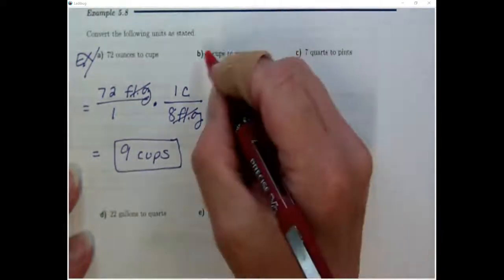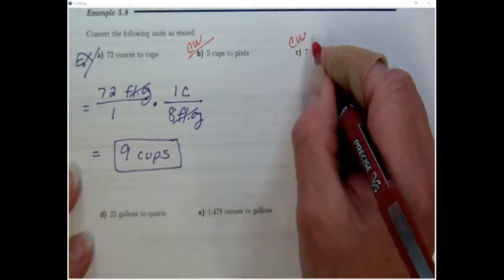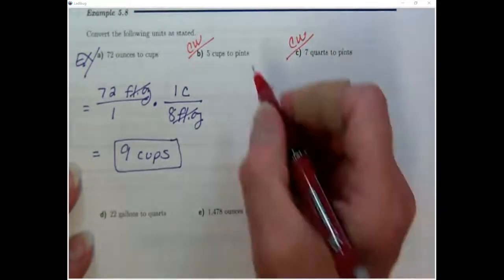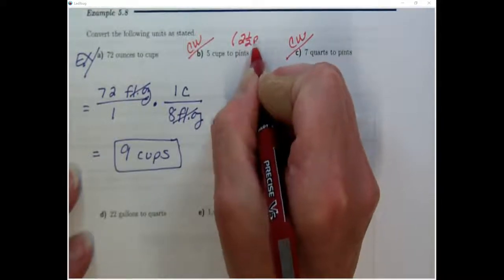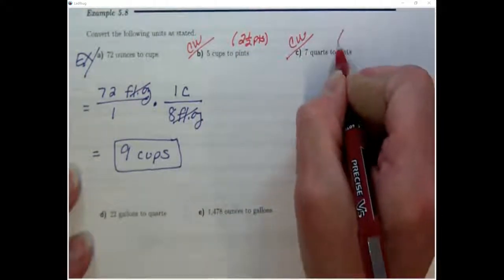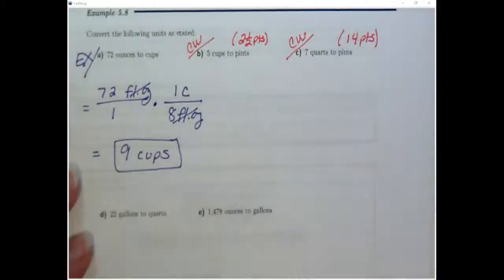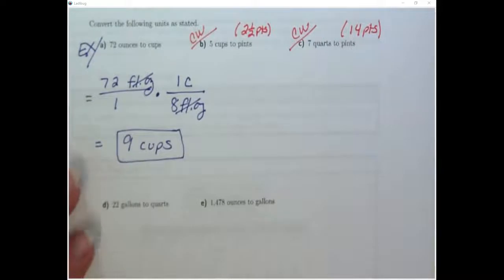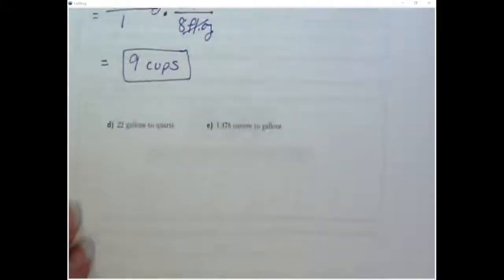B and C I will leave for classwork for you. So pause the video. The answers: 2.5 pints and 14 pints. So you can jot those answers down and go back and do it later, or pause the video and do them right now.